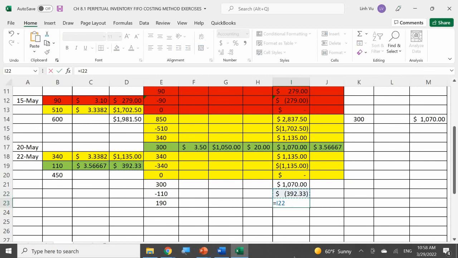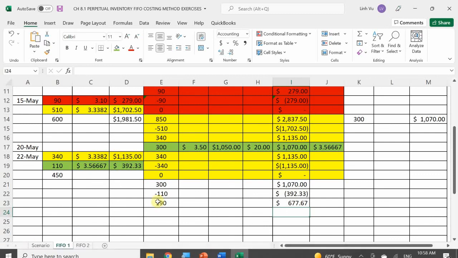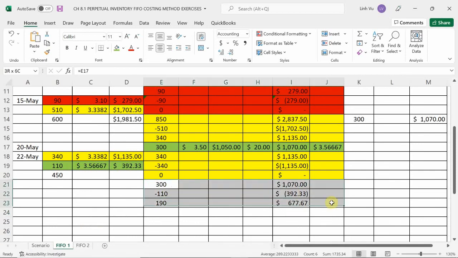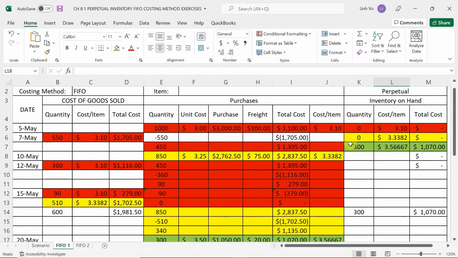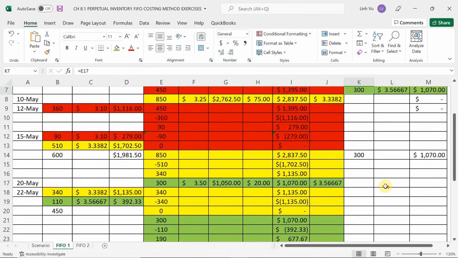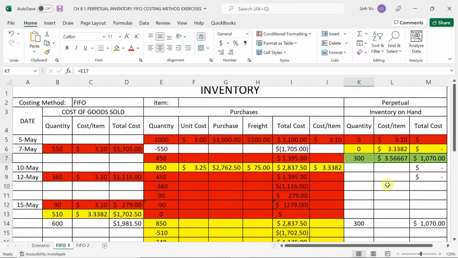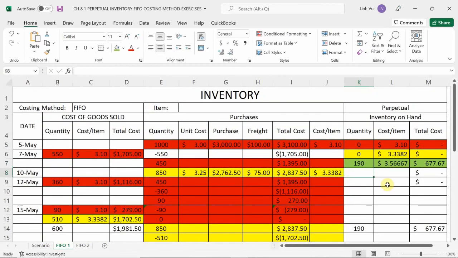So that's going to give me a grand total of 677.67. And this whole entire thing was dealing with my green batch of inventory. So therefore, I need to update my green batch of inventory because I no longer have 300. I only have 190. Okay? 190 times the 3.56666667, right? It's going to give me 677 and 67 cents.